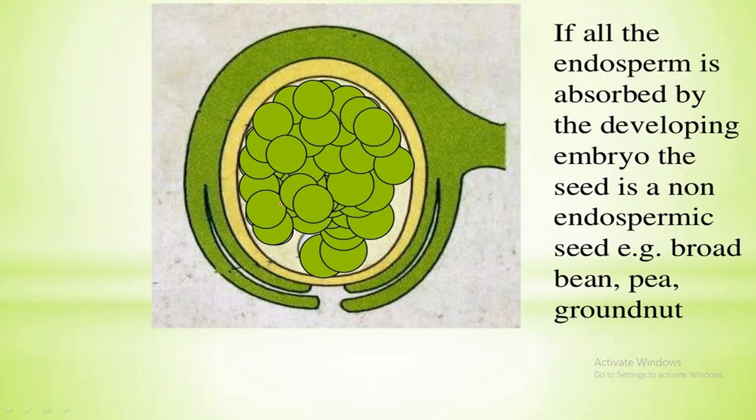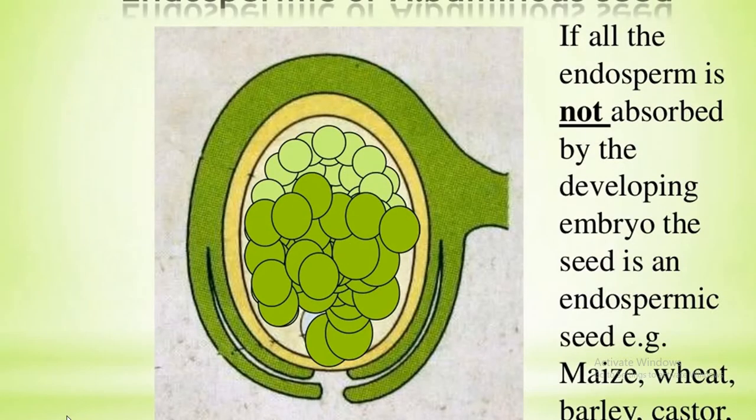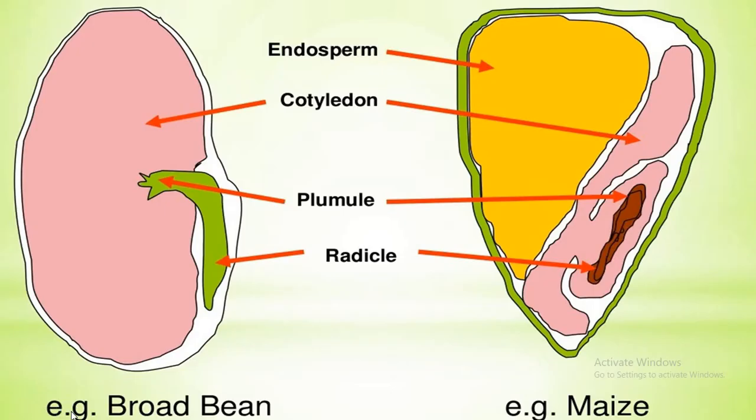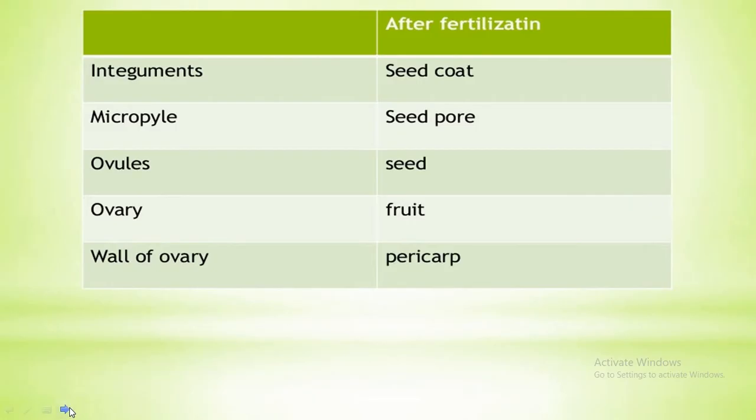Examples are broad bean, pea, groundnut. We'll be studying this in more detail. And if all the endosperm is not absorbed by the developing embryo, the seed is an endospermic seed. Examples are maize, wheat, barley, castor. This is the structure of the dicot and monocotyledonous seed.